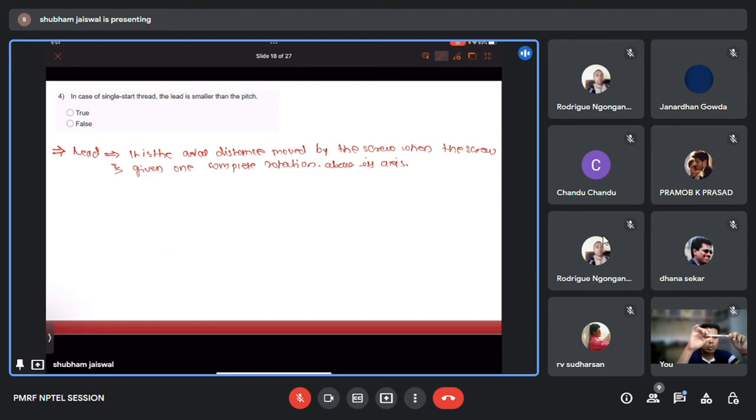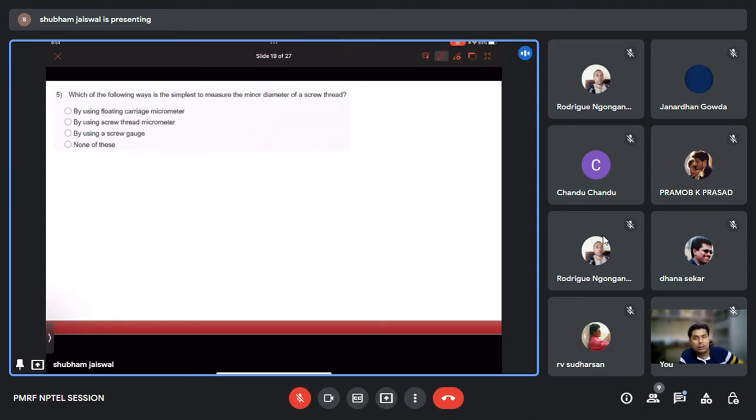So it will move by one pitch, a distance equivalent to that of the pitch. So in single start thread, the lead is equal to the pitch. So this statement is false. That is, the lead is smaller than the pitch. Okay.